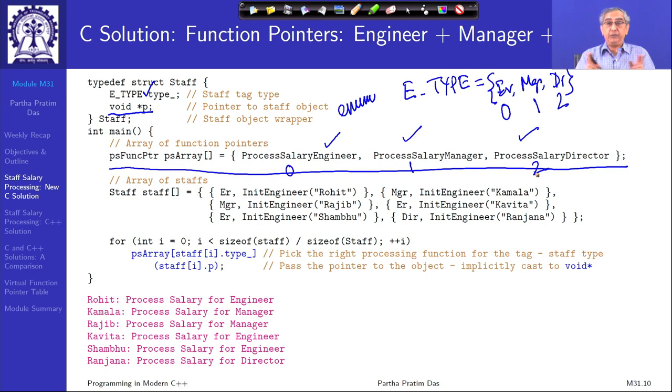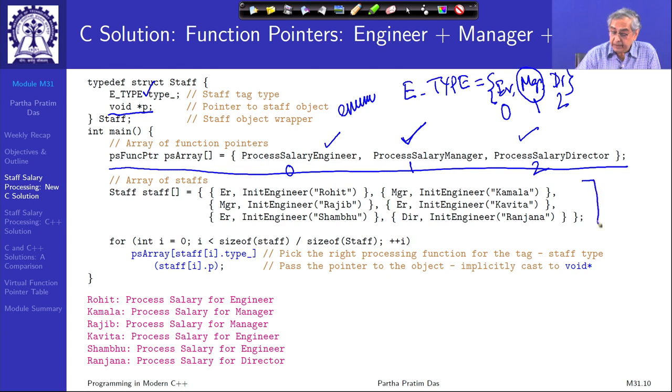If I mess this up, things will not work, because given a staff type MGR, I would know MGR is a value 1. So, I would consider that whatever function pointer exists in this PS array at that index is the function to process this particular staff record.